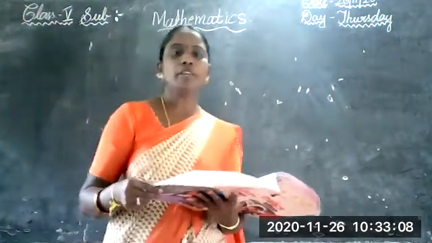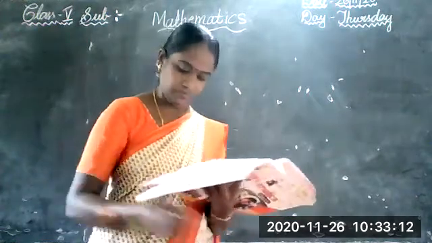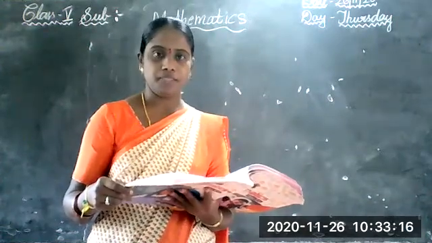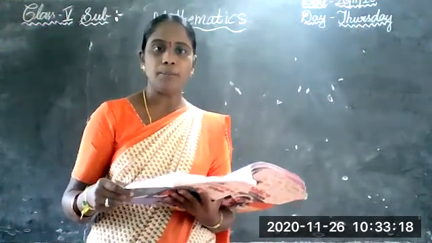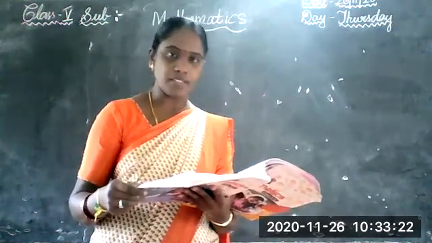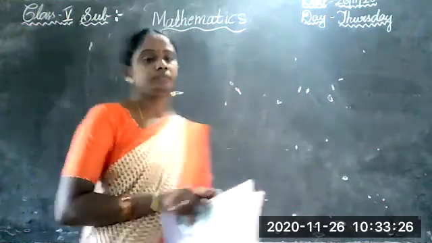In your textbook, page number 47. Exercise 3.7, page number 47. Work out the following sums. Second one.